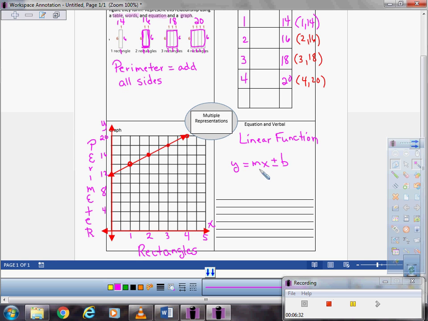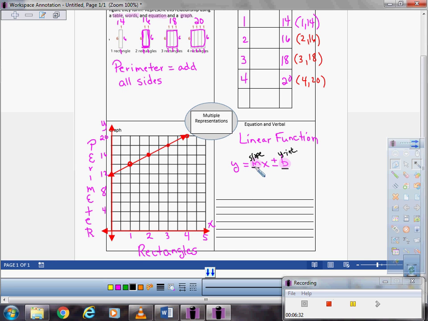Now you do need to know how to come up with the equations. So two of the things that you need in this formula for sure to find the equation is your m, which is your slope. So m is slope. And you need to find b, which would be the y-intercept. If you can find those two things, you're good to go. You need your m and you need your b.